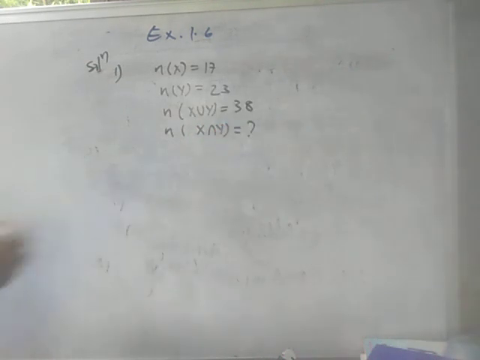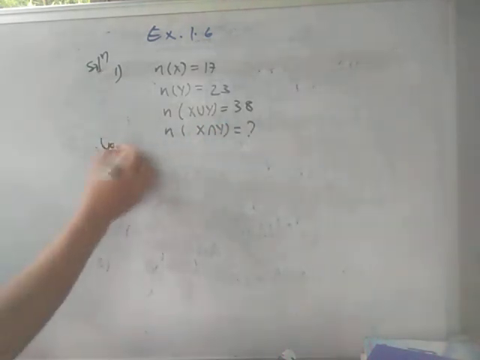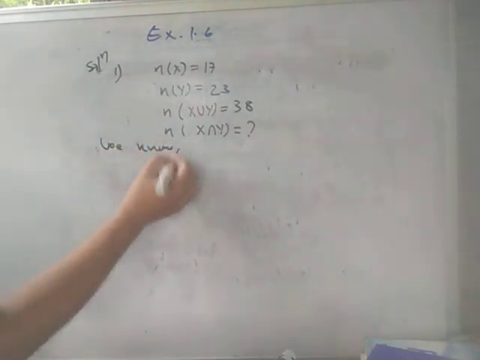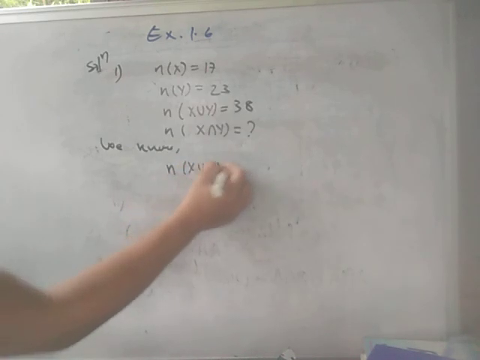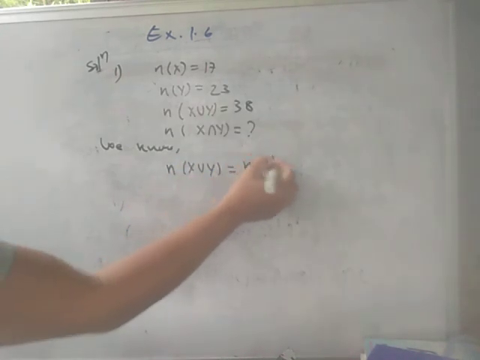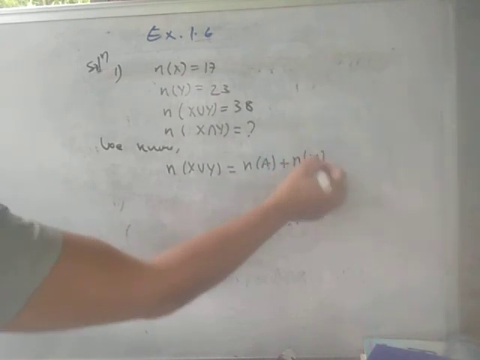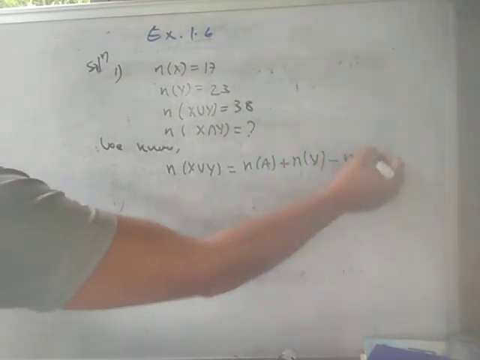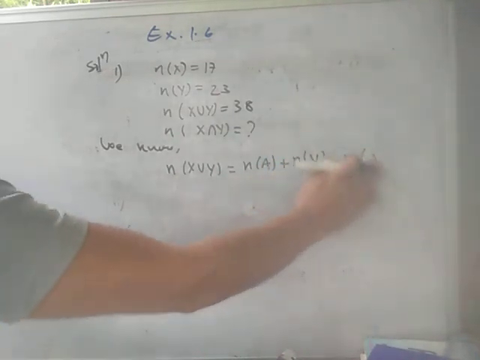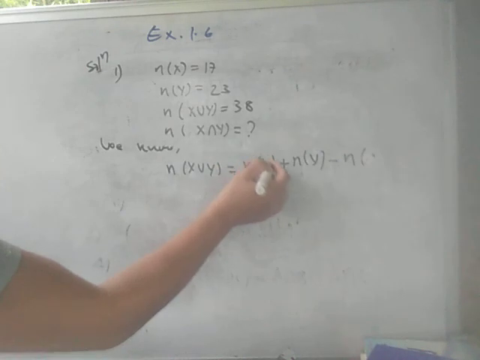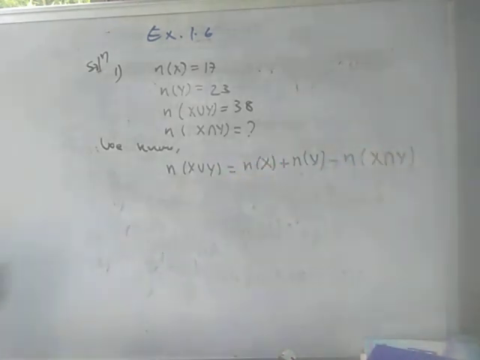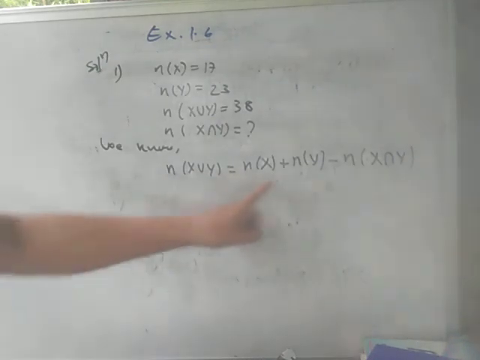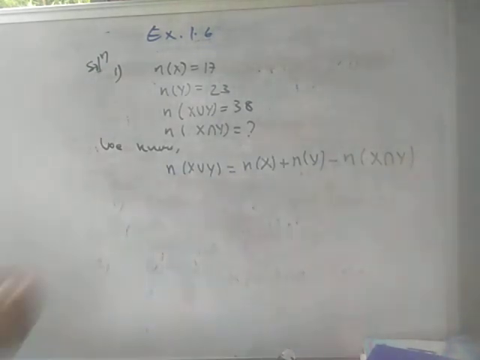So write down, we know n(X union Y) equals to n(X) plus n(Y) minus n(X intersection Y), right? So this is given, this is given, this is given, so you have to find this one.